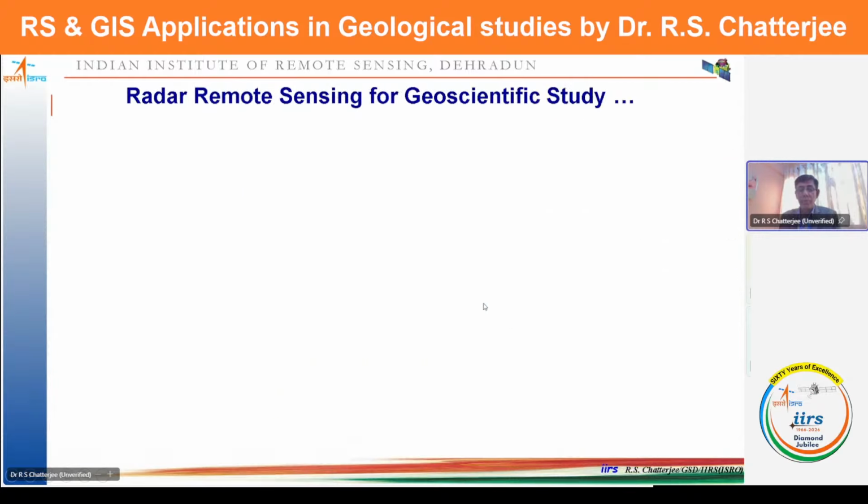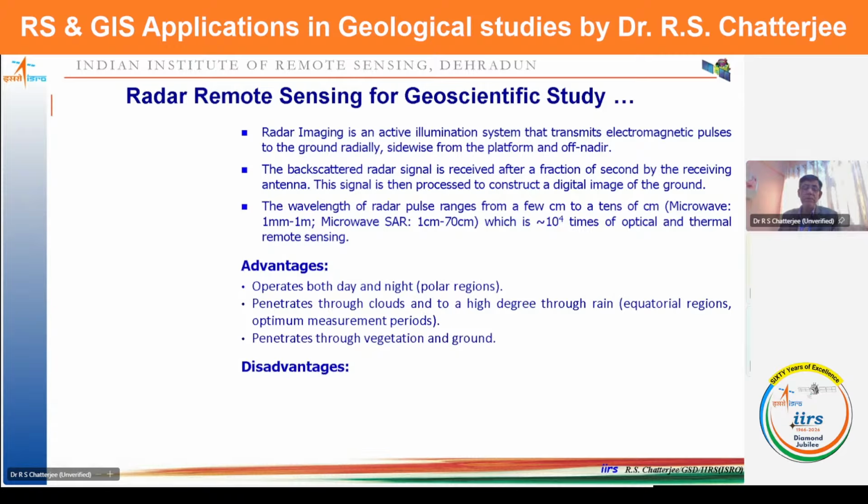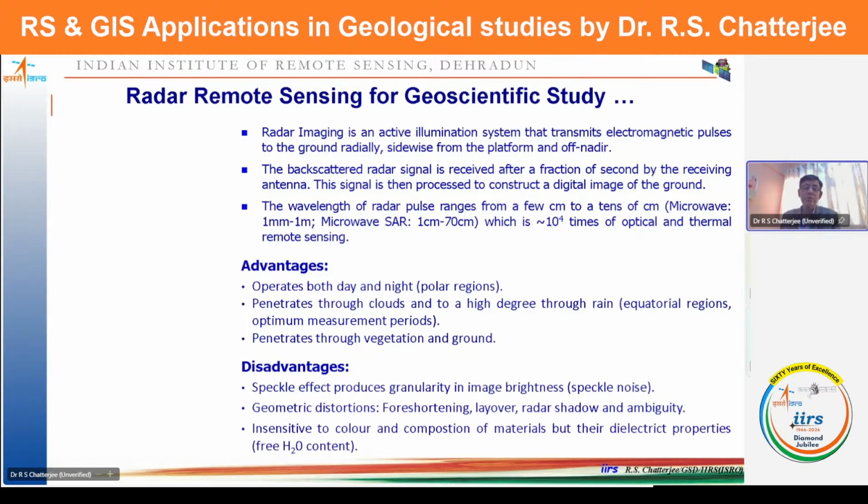Now coming to microwave, radar remote sensing. Here in case of optical, we use the micrometer range wavelength, isn't it? Whereas in case of microwave, we use a millimeter to meter; 1 millimeter to 1 meter is the wavelength range of microwave.